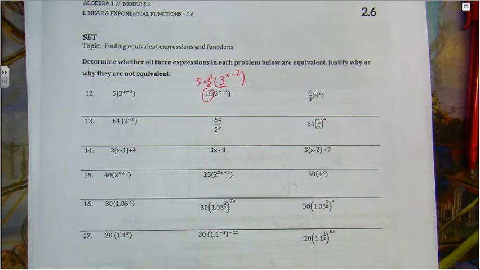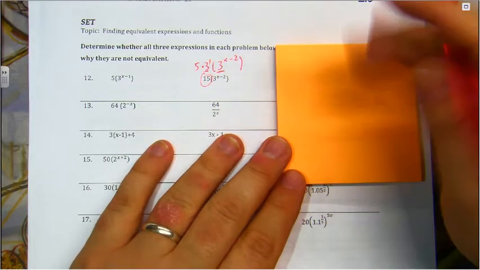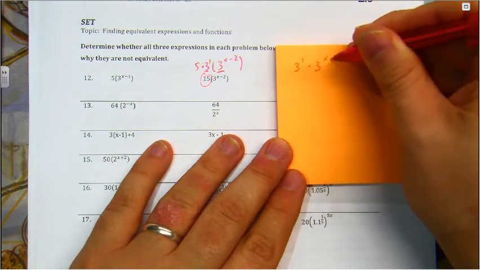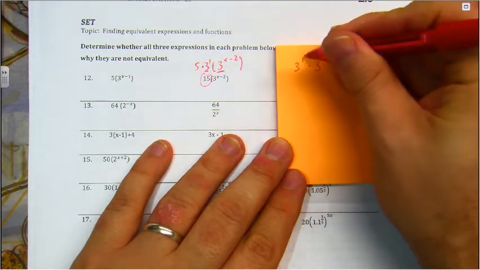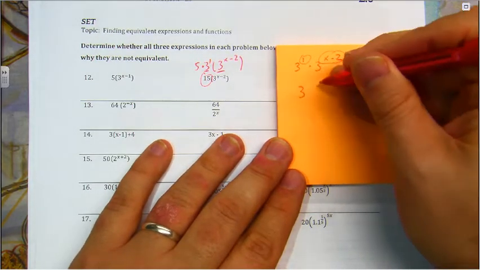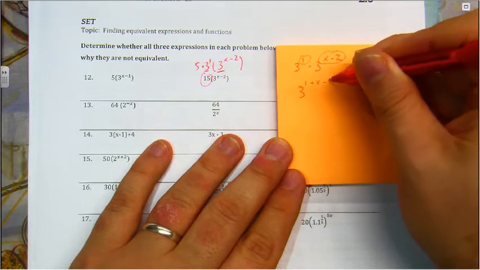And so what we know is that when we multiply things with the same base, we add the exponents. So 3 to the first times 3 to the x minus 2 is going to be the same as if we add these circled portions together. So it would be 3 to the 1 plus x minus 2.